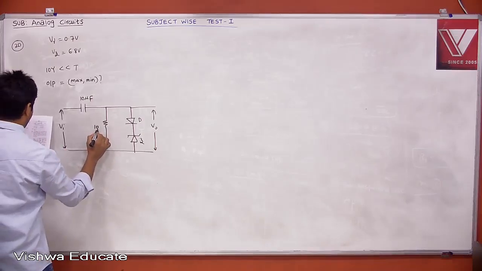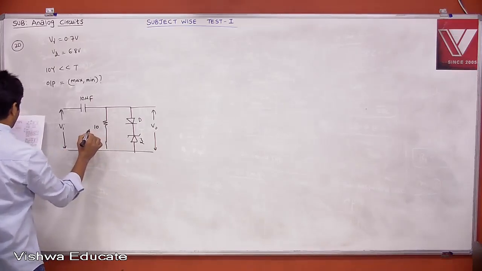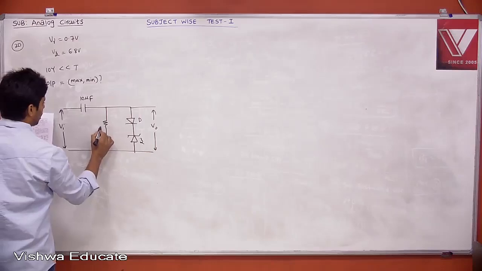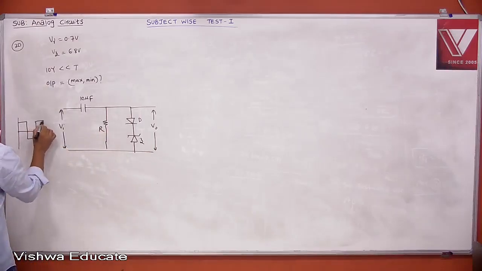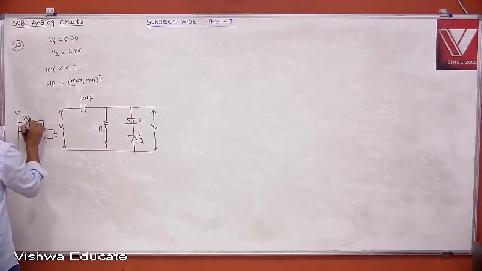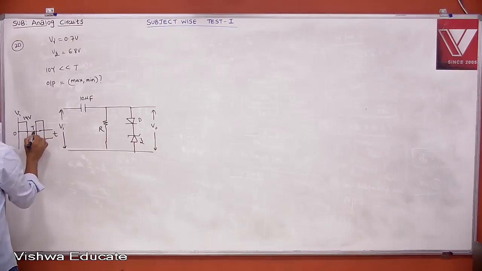This is 10 ohm, some resistance R, doesn't matter for us. And then the square wave is given, where this is time, this is V, this is 14 volt and then minus 14 volt. And this is 0 and then T.